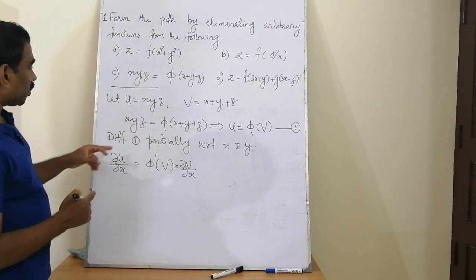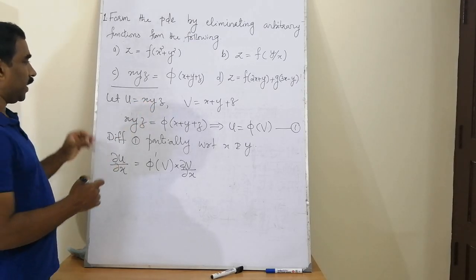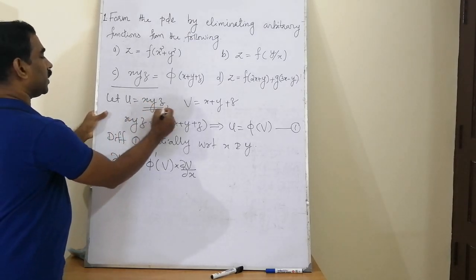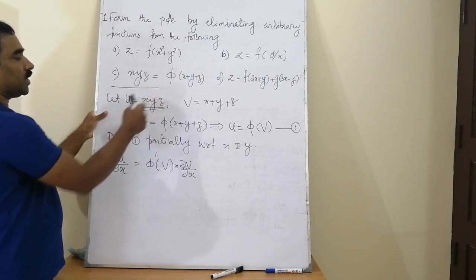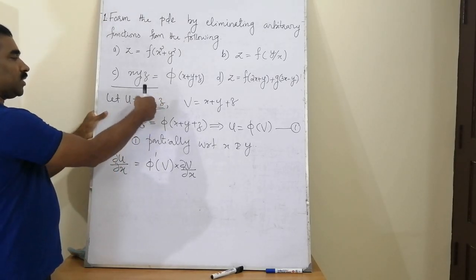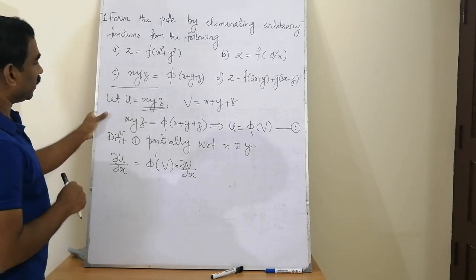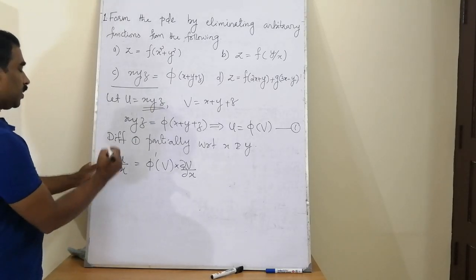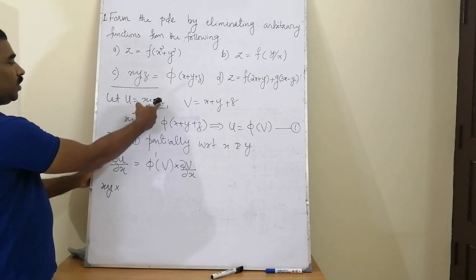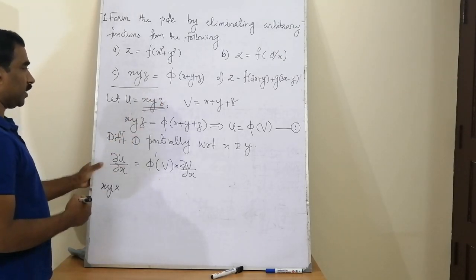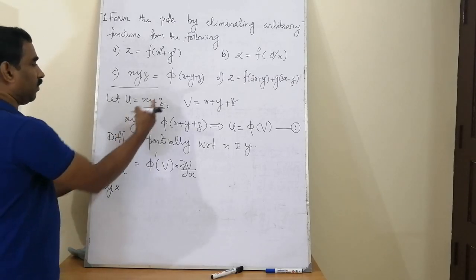So in computing partial derivative of xyz with respect to x, we can consider this as a product in which xy is the first term and z is the second term, where z is a function of x and y as usual. So that is xy into derivative of z with respect to x, that is the first function into derivative of z.